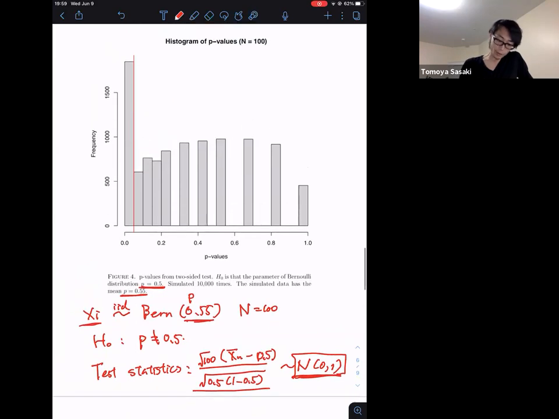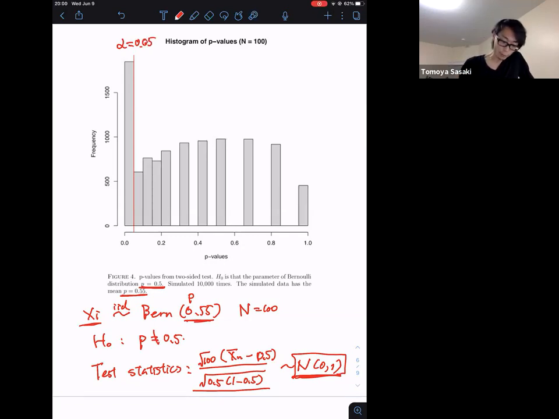If you do n equals 100 and you do this exercise 10,000 times, approximately 80 to 90% of the time you're going to correctly reject the hypothesis with alpha equals 0.05. This is what this figure is showing.